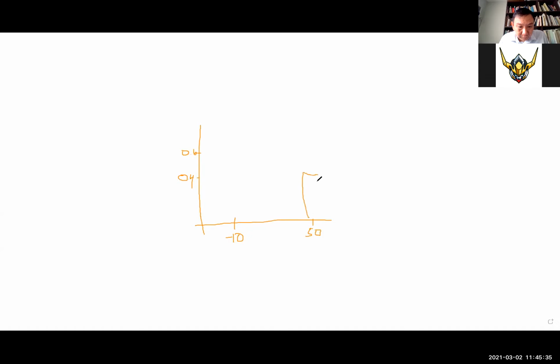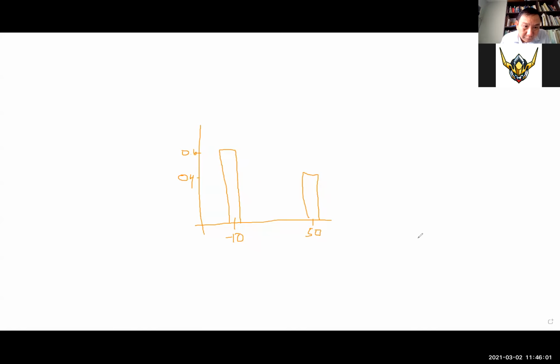This one goes here, this one goes here. Can you share it so that we can all see? I cannot see your screen yet. Oh, there.